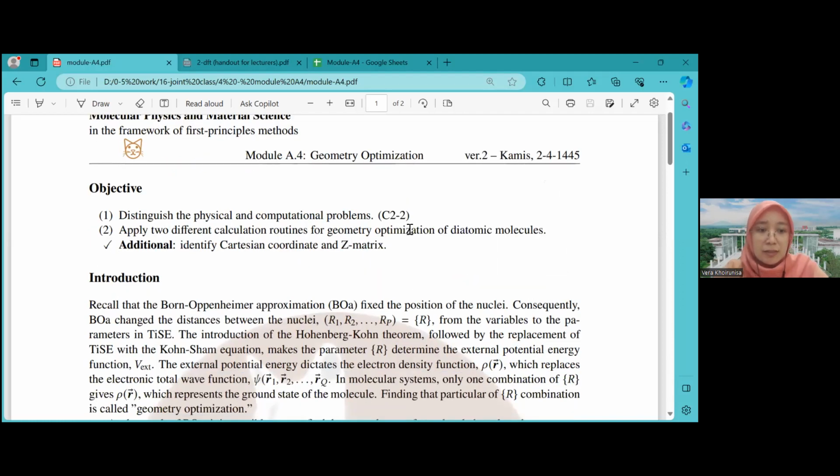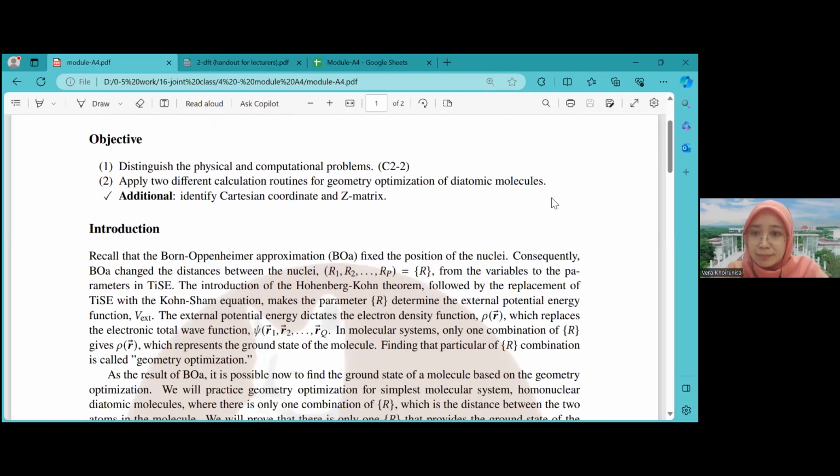Okay, so we will continue to the introduction. Here, recall that the Born-Oppenheimer approximation, or BOA, fixes the position of the nuclei. Consequently, the Born-Oppenheimer approximation changes the distance between the nuclei.